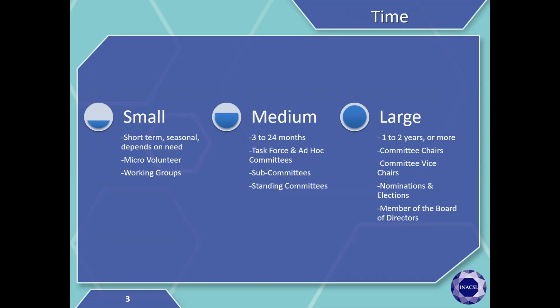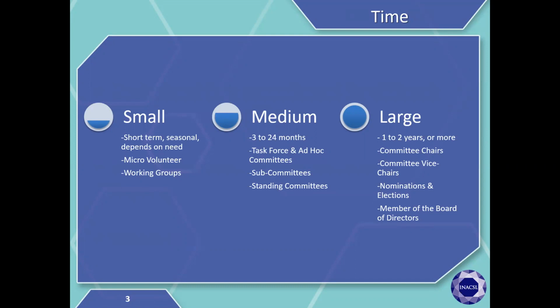Standing committees are mandated committees, which means that they're specifically referenced in the bylaws of the organization as being so important that the organization really needs to have them to continue its work, achieve its goals and strategic plan, and move the organization forward.